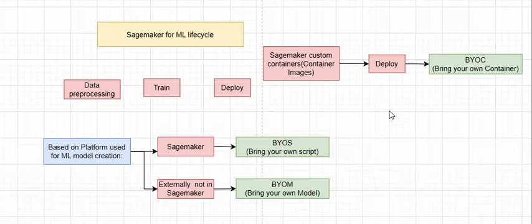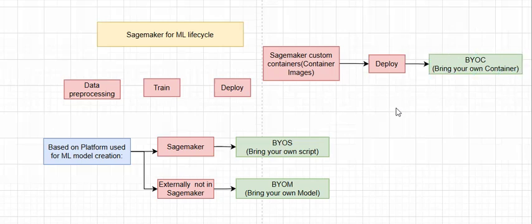So when do we use BYOC? In real time, you might have requirements for dependencies such that built-in container images are not available. At the end, whether bring your own script or BYOM, the ML models that you create are deployed on top of containers only.